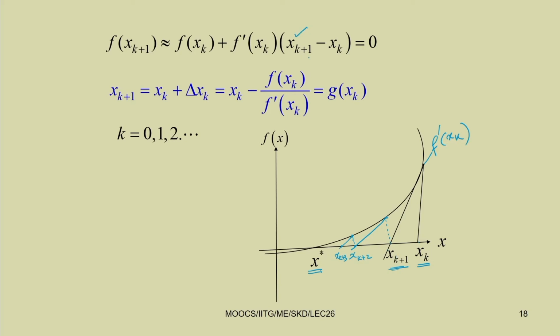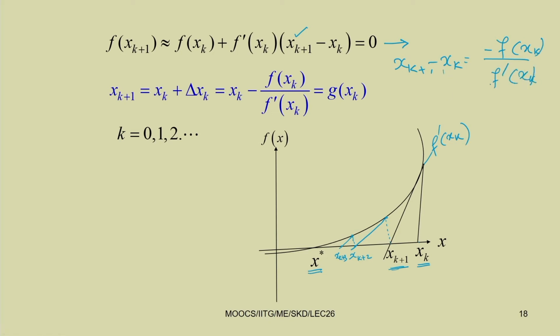From this we can write xk+1 minus xk, which will be nothing but minus f(xk) by f'(xk).